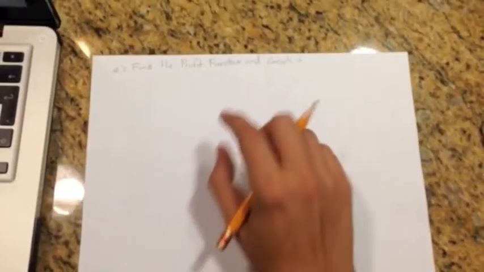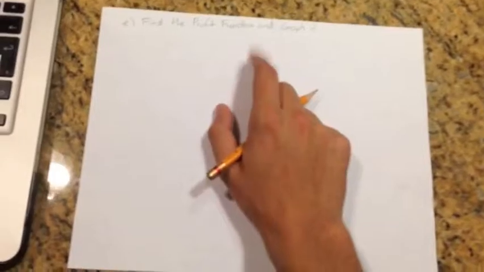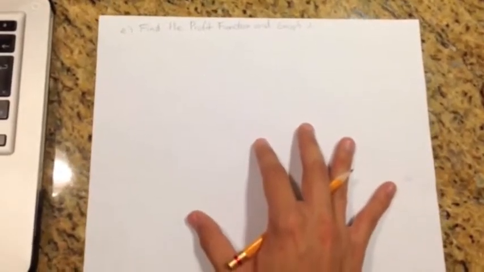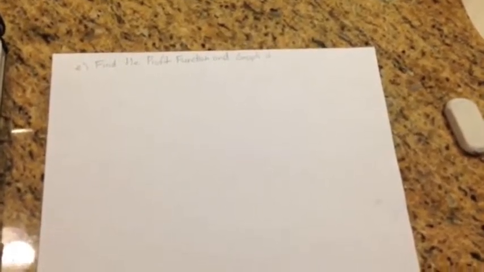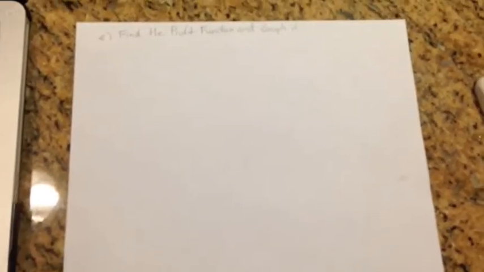Now in letter E, they ask us for the profit function. Now in order to get the profit function, we have to subtract the total costs from the total revenue. Now this is quite simple actually.